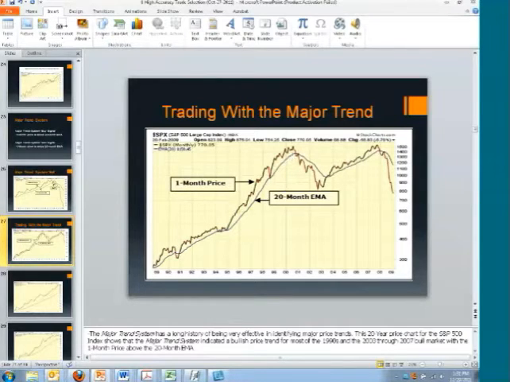Then in 2001, it went short, and of course that was the start of a bear market, and it stayed short until 2003, when again it went bullish, and then stayed bullish for most of that bull market from 2003 to the end of 2007. So this has been working pretty well in depicting the major trend, in this case, of the S&P 500 index.